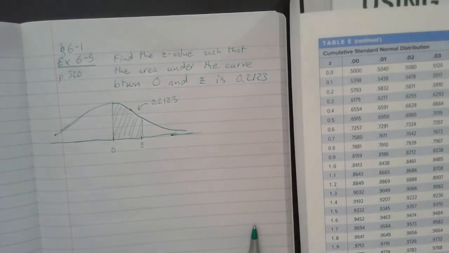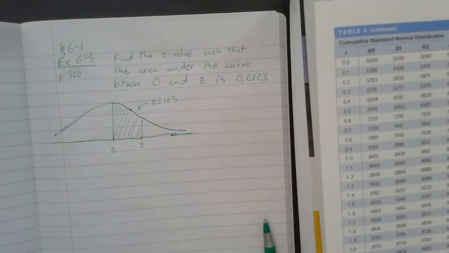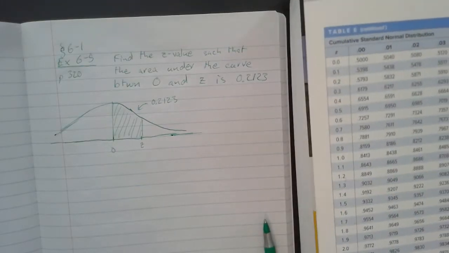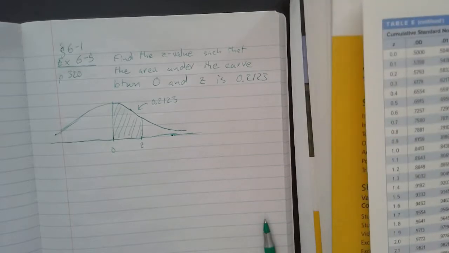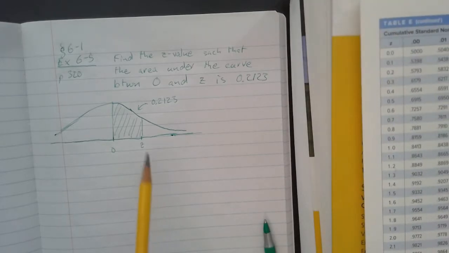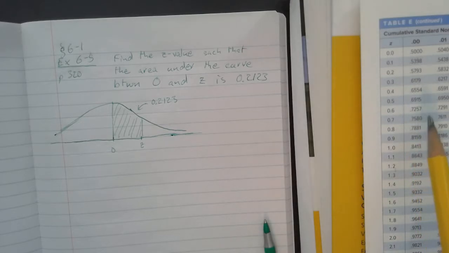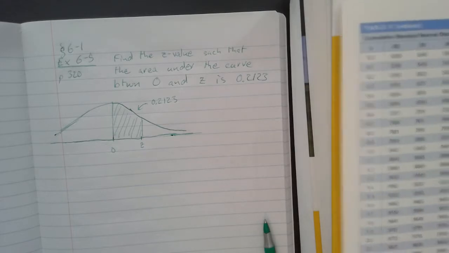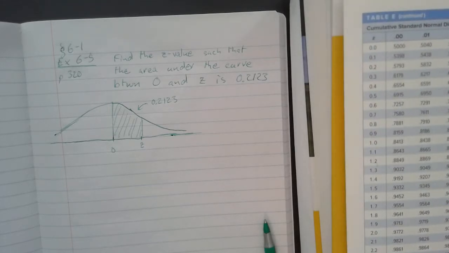All right, so here is what we're going to do. We're going to do two things kind of differently. In the past, we had started with a z value and then found the area. There we just used our table, plugged in the z value, and then found the area in the body of the table.